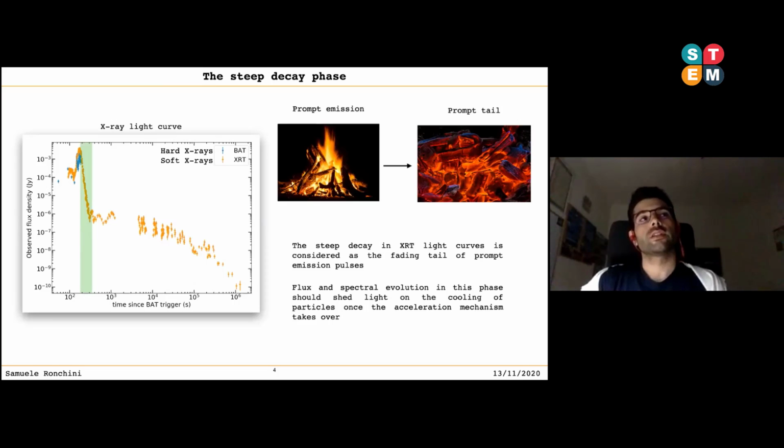By analyzing the drop in flux and the spectral evolution in this specific case, we are able to shed light on the cooling of particles once the acceleration mechanism takes over.